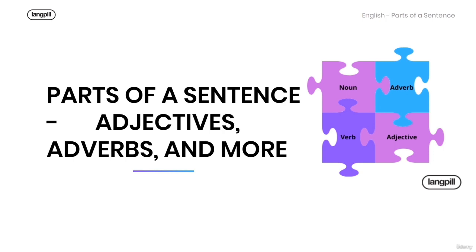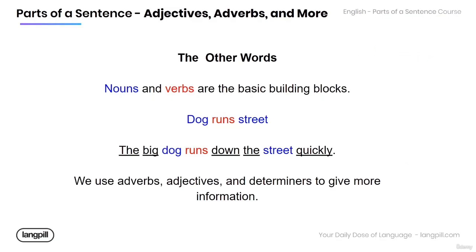Okay, now in this lesson, we're going to cover a few types of words in the English sentence, mainly adjectives and adverbs, and then we'll go over a few other types that are equally as important. So, what are these other words? Okay, we went over the main ones. We went over nouns and verbs.